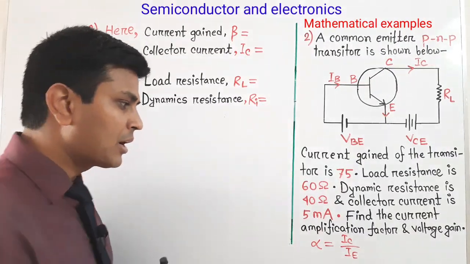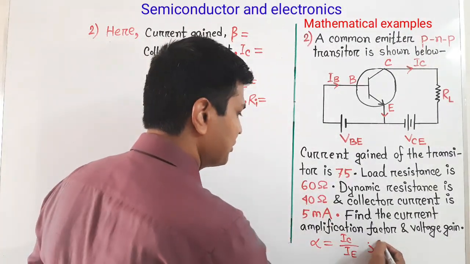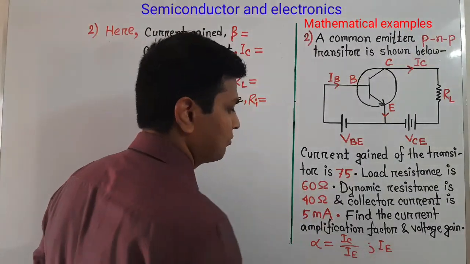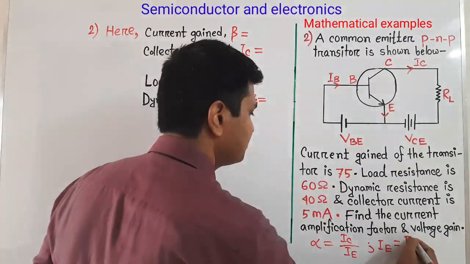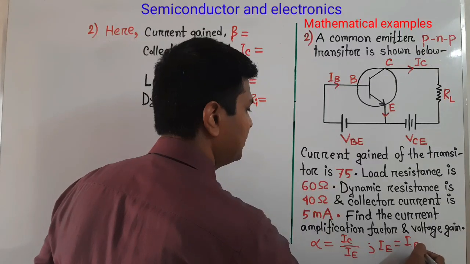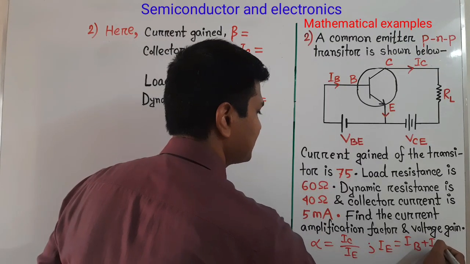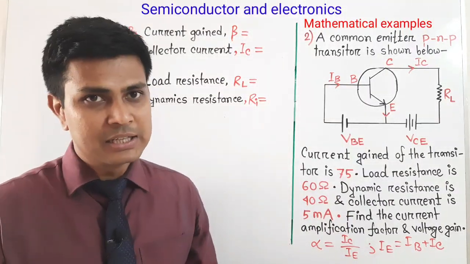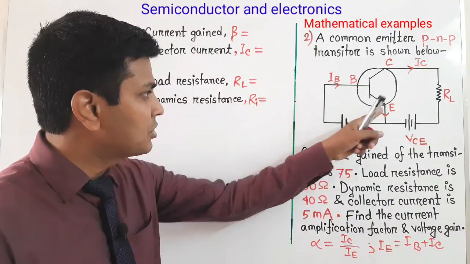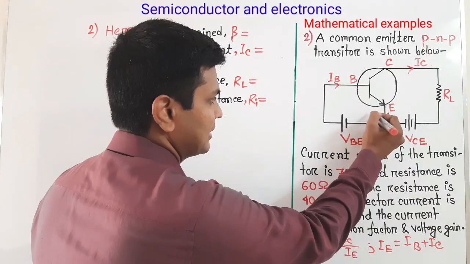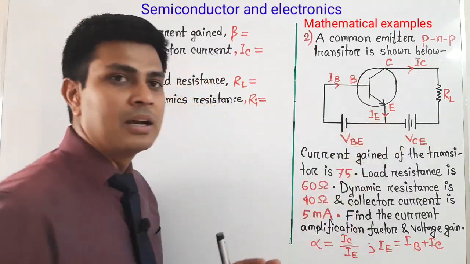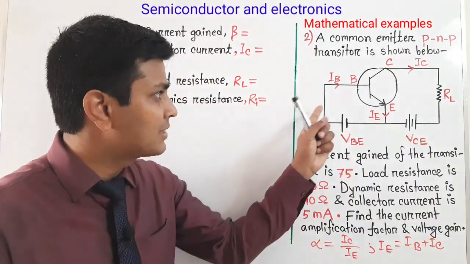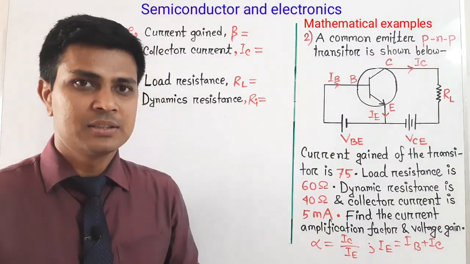How can we get the emitter current? We can get the emitter current by the formula IE equals IB plus IC. This is the formula to calculate the emitter current. You know the emitter current is the summation of the base current and the collector current.